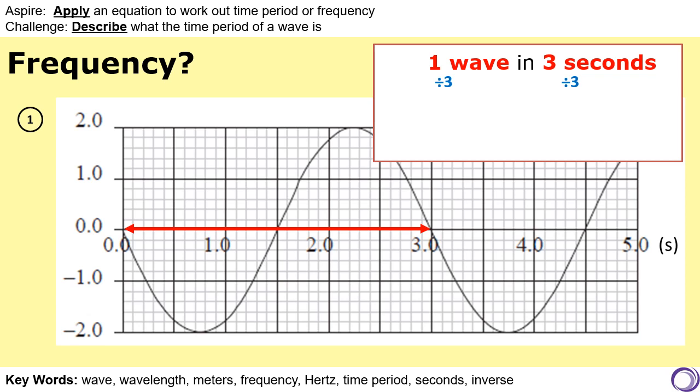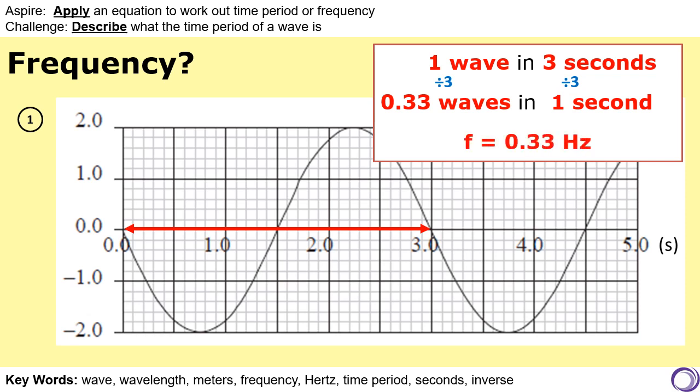Now you use your calculator for this, and you can find that 1 divided by 3 is 0.33333 recurring. So I've just rounded it down to 0.33. So I've worked out that I have 0.33 waves in 1 second. So that must be my frequency. So my frequency is 0.33 hertz.